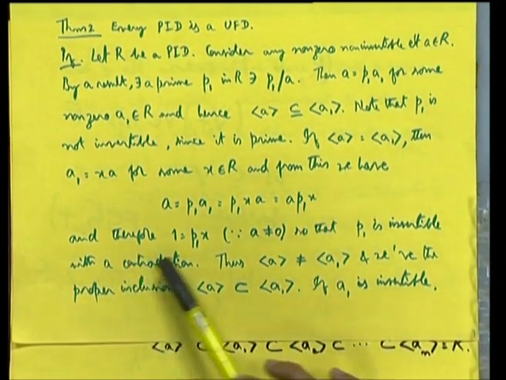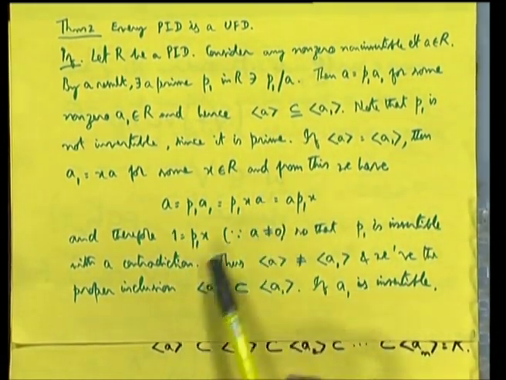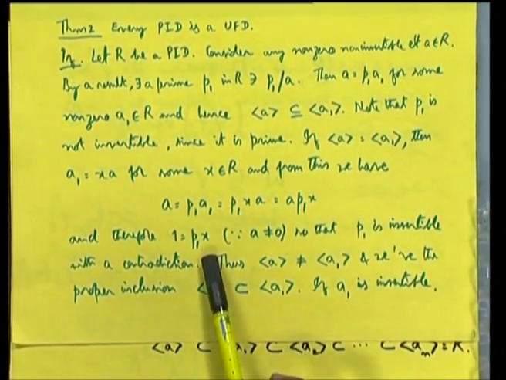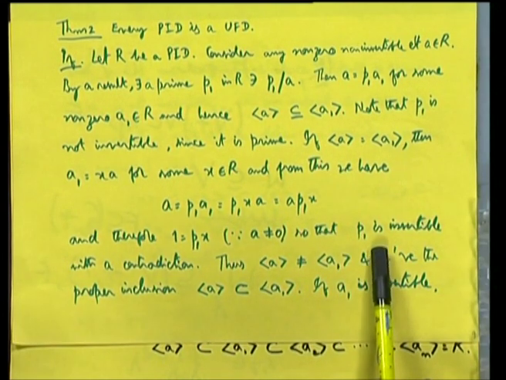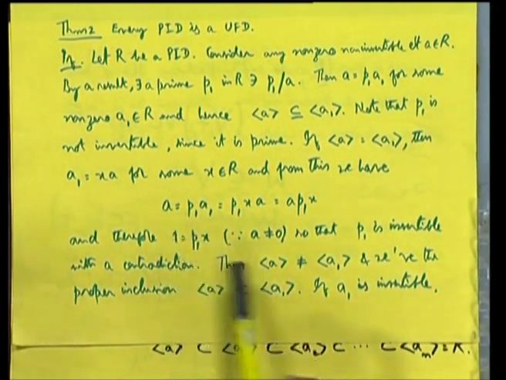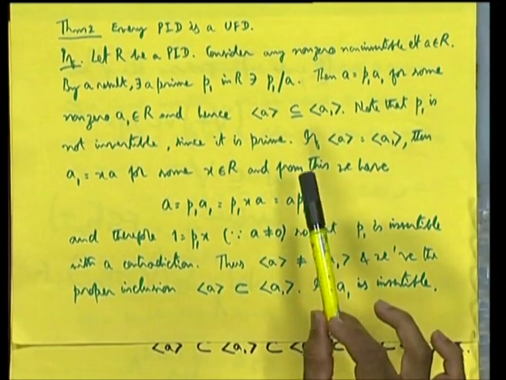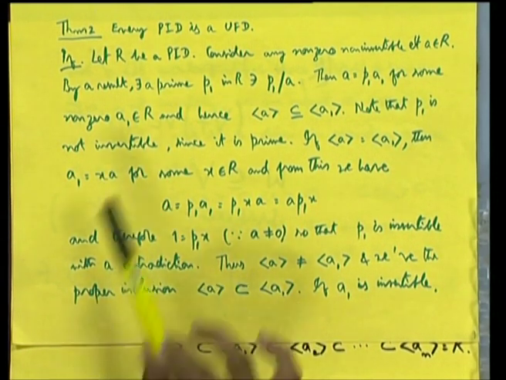If we cancel a, which is non-zero, on both sides, we have 1 = P1 x, and from here we obtain that P1 is invertible, and this contradicts that P1 is not invertible.